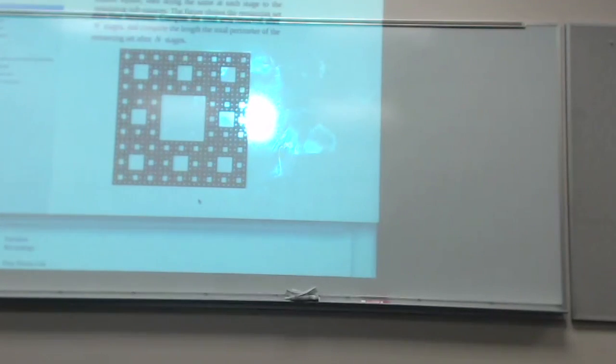So the perimeter at stage 1 is all 4 sides, so that's going to be 4. But the perimeter at stage 2, plus 4/9.